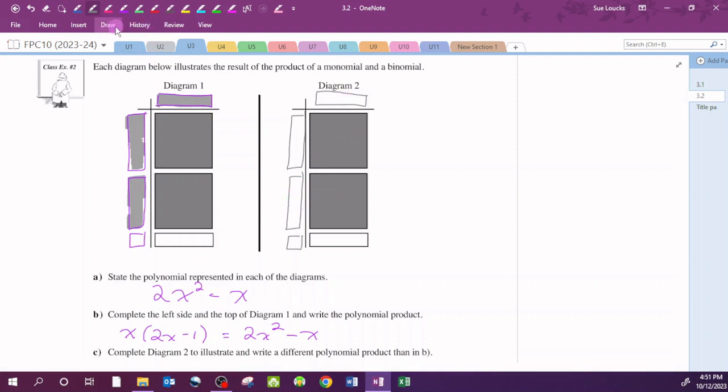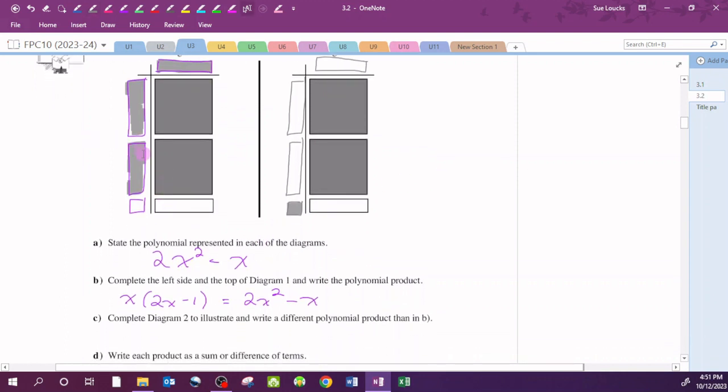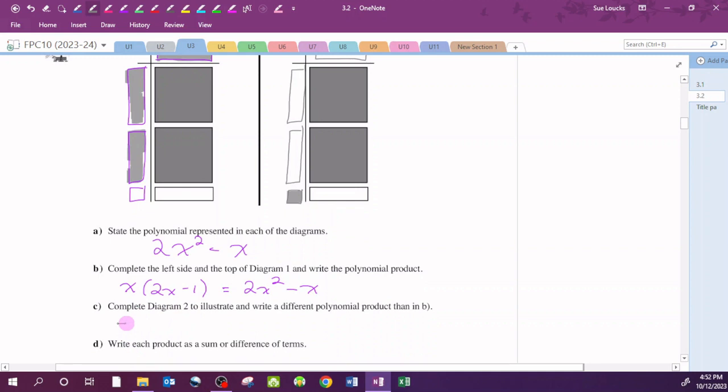And then we need to make this one here a positive because a negative times a positive is a negative. So that gives us the other way of doing this result. So we can have negative x times negative 2x plus 1, and that also equals 2x squared minus x.